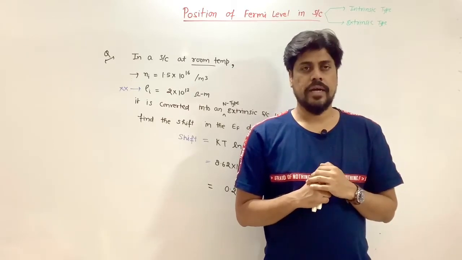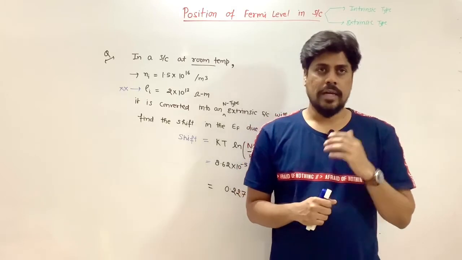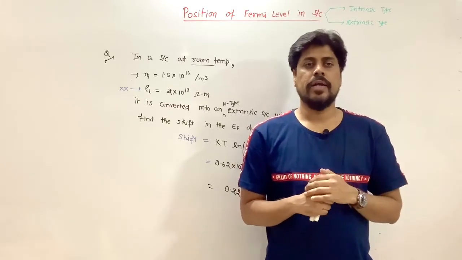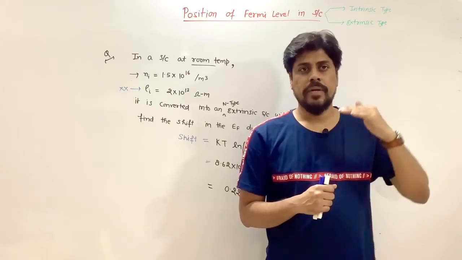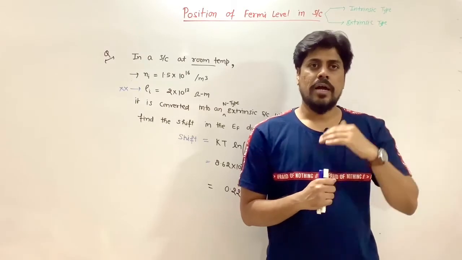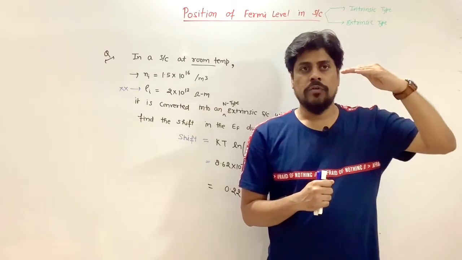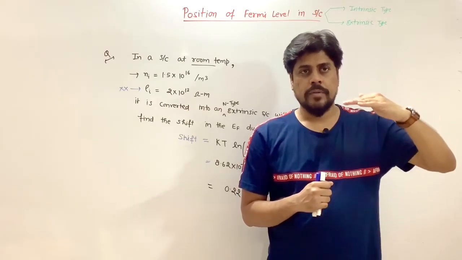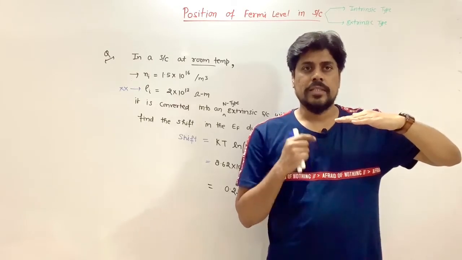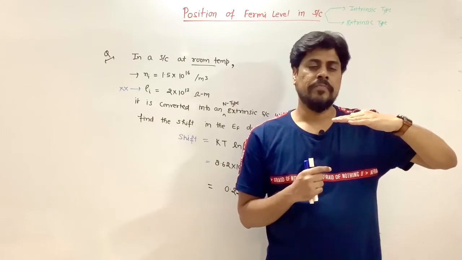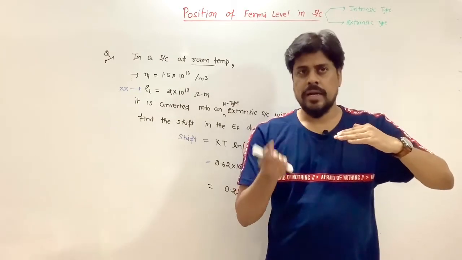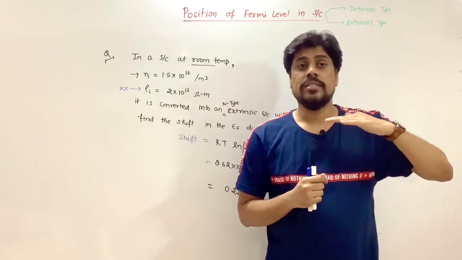Fine. For extrinsic semiconductor like n-type semiconductor, when we increase temperature, initially when temperature is 0 Kelvin, then your Fermi level coincides with Ec, the lowest energy level of conduction band, and after increasing temperature, your Fermi energy shifts towards mid of the band gap, and when it reaches mid of the band gap, this temperature is called Curie temperature, and at the mid of the band gap you can analyze that your conductivity decreases.